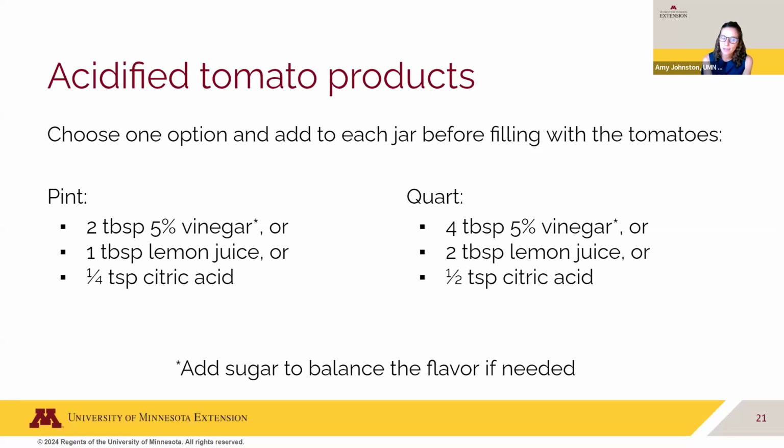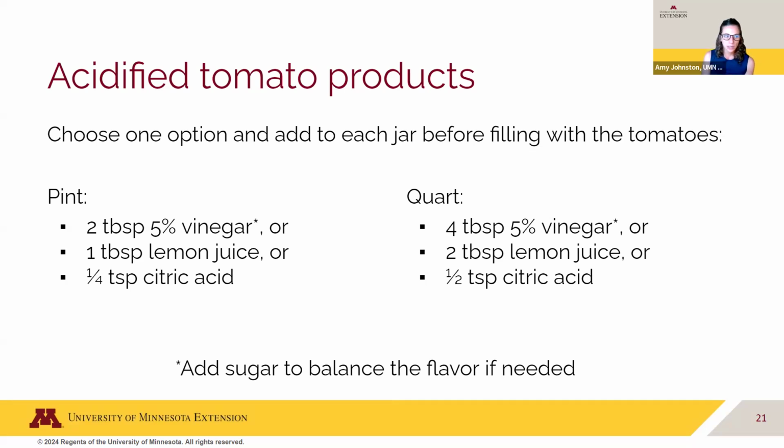They might be at a 4.5, 4.6, 4.7, and then some are going to be higher. So to ensure the safety of tomato products, it is important to acidify any tomato product before canning. And that goes for if you're using the boiling water, the steam, or pressure canning. No matter the type of canning, acidify your tomato products.